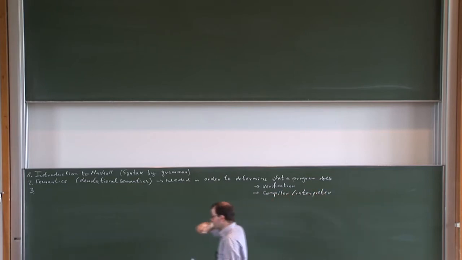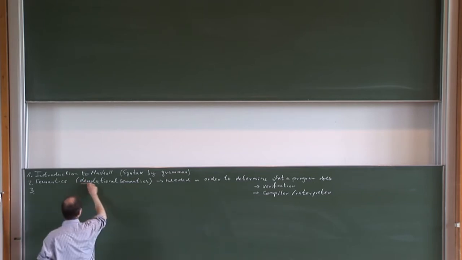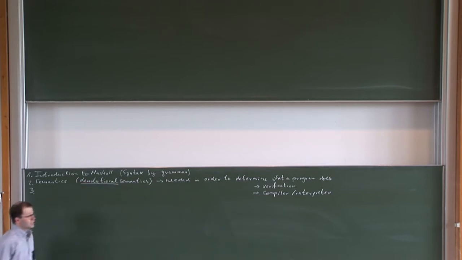And as I said, the semantics that we will define is the denotational semantics. And denotational means we simply define the semantics by a function which goes from Haskell expressions. So we do this all for Haskell. So Haskell is the example language that we look at in the lecture. So we will continue working with Haskell, and we will define the semantics of Haskell. So we do this by defining a function which goes from Haskell expressions to certain mathematical objects.